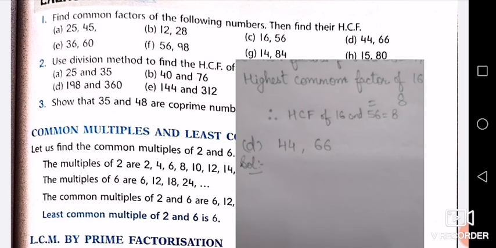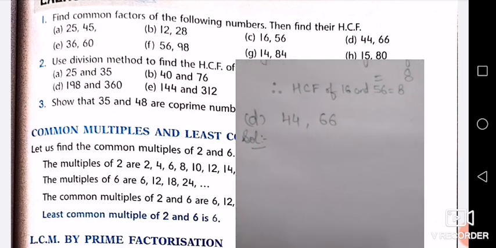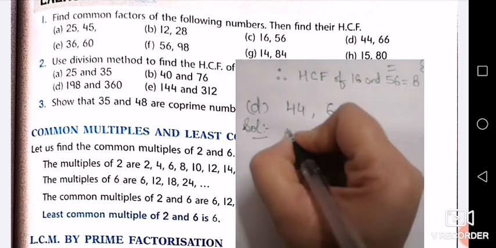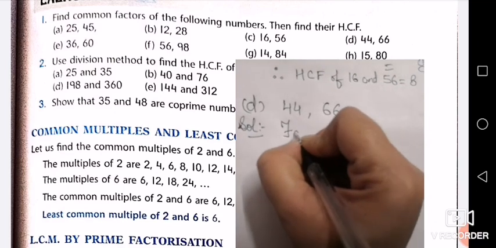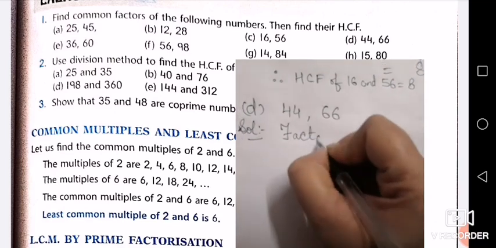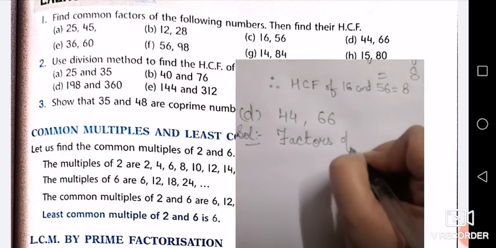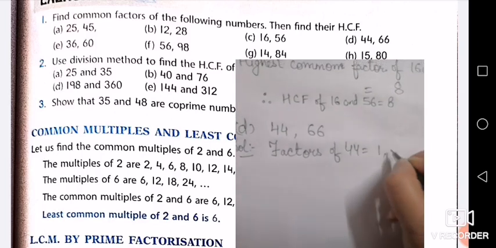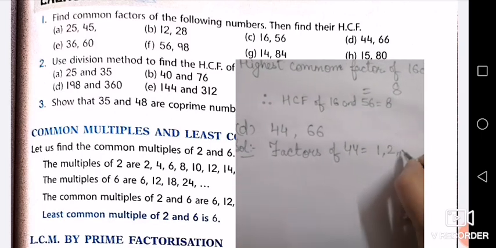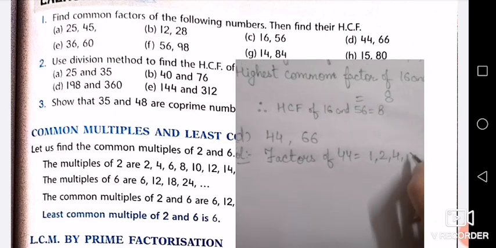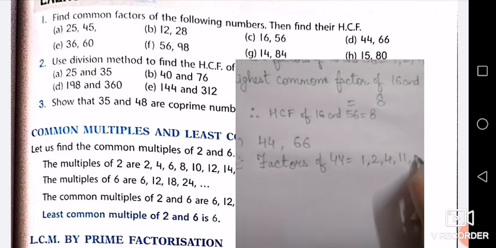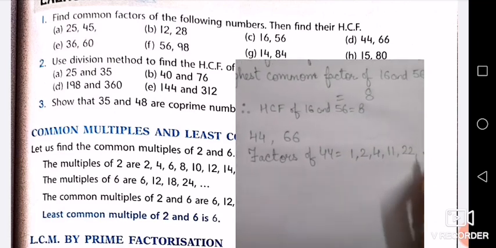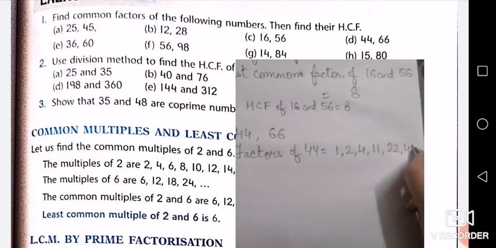Now tell me children, what do you have to find out first? Yes, factors of 44. Now the factors are 1, 2, 4 and then 11, then 22, then 44.